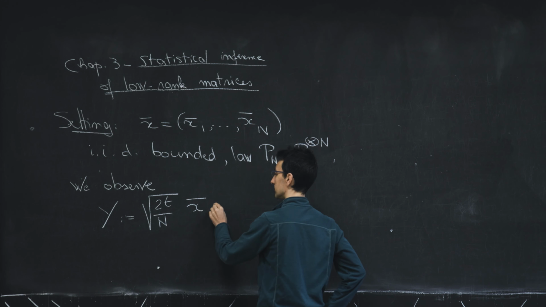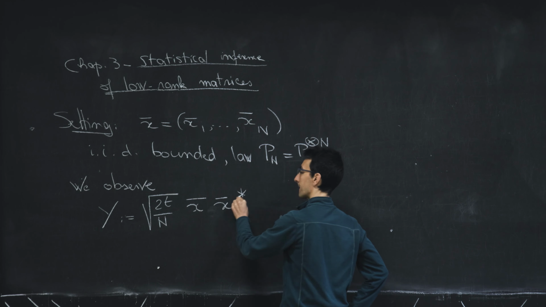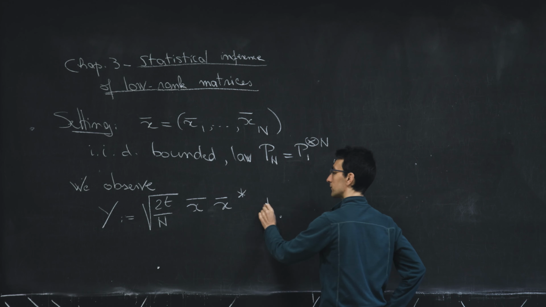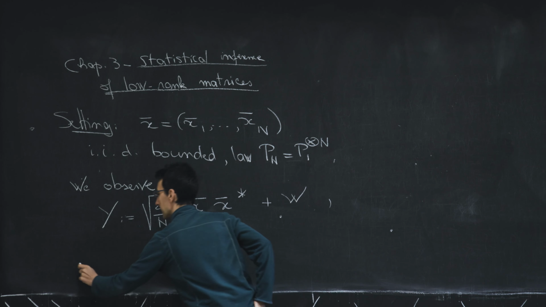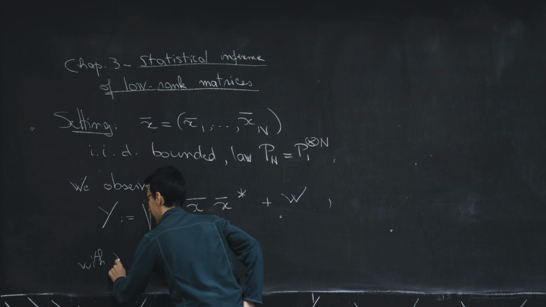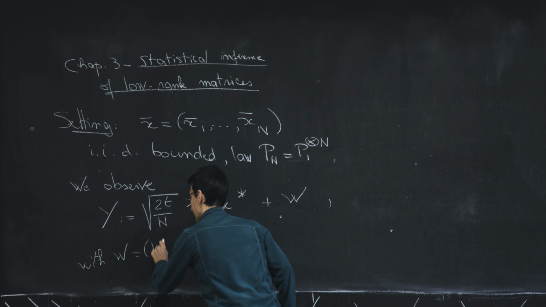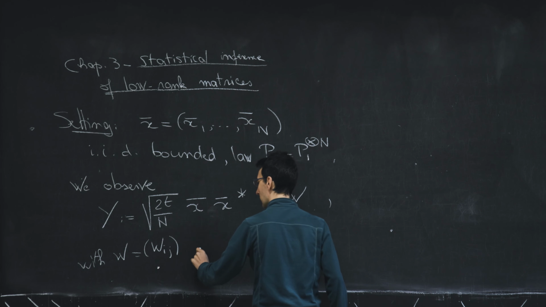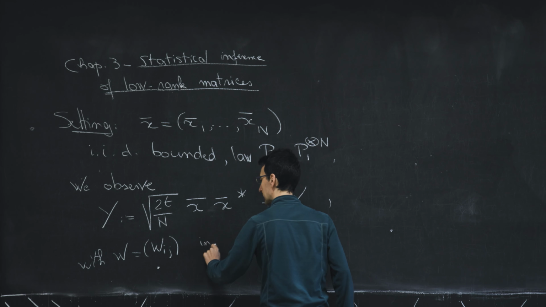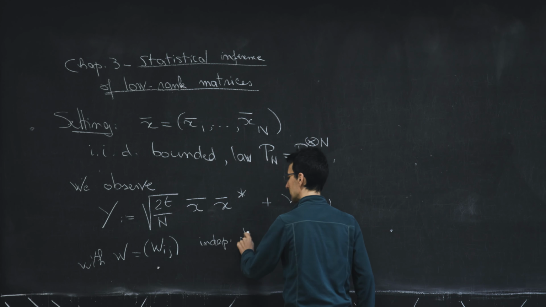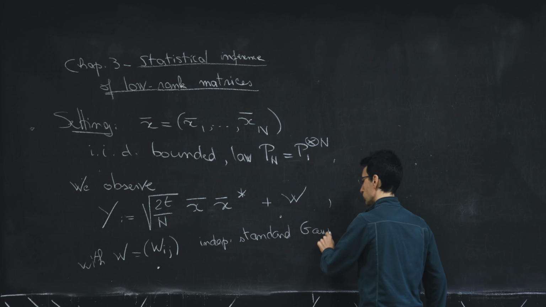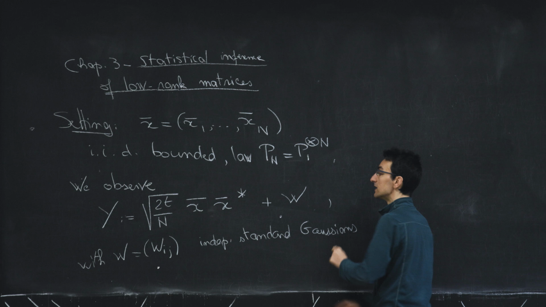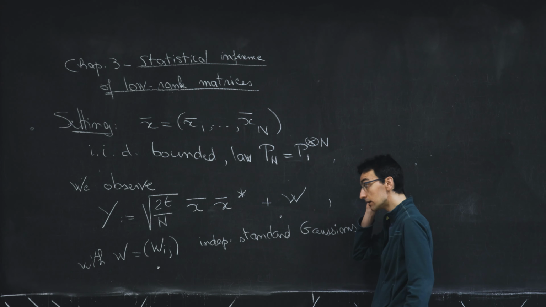I'm going to write it in matrix notation. So x bar x bar transpose plus w. W is a noise. So these are independent standard Gaussians. They are also independent from the vector x bar.